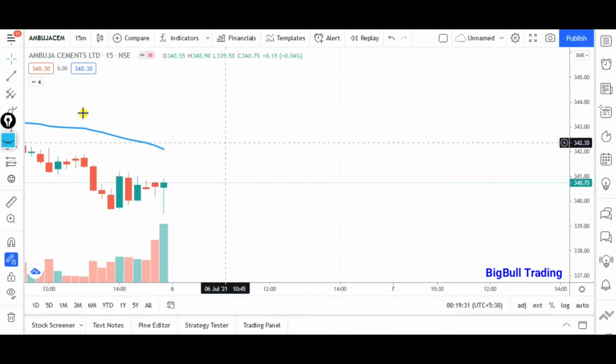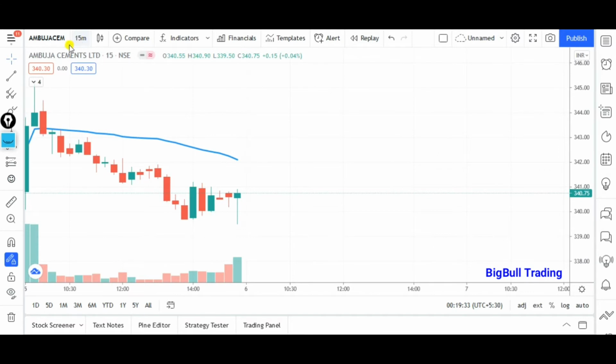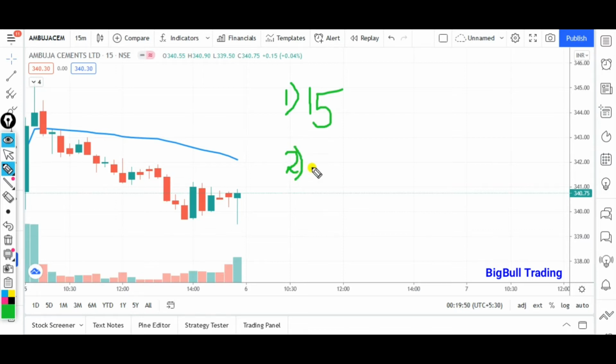For this strategy, as you can see, we need the 15-minute time frame. Secondly, the indicator we will be using is VWAP.